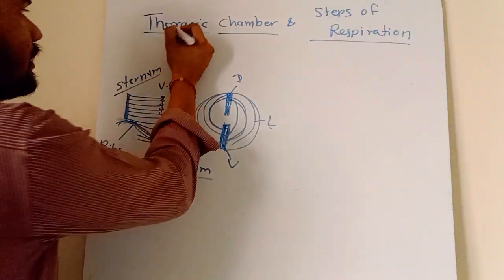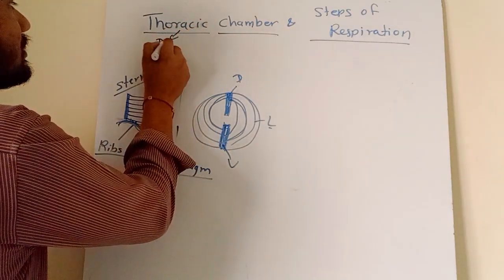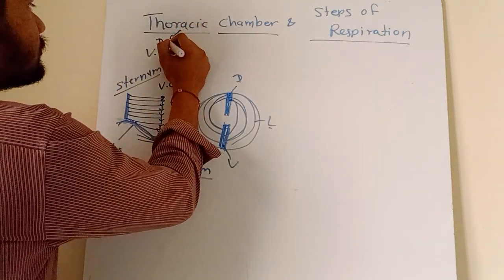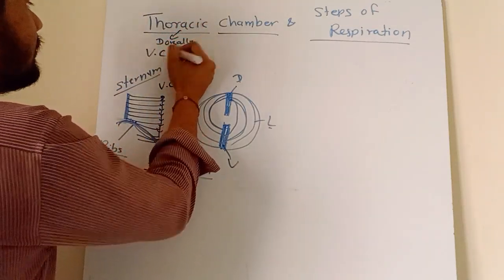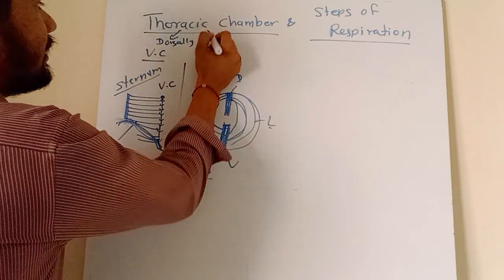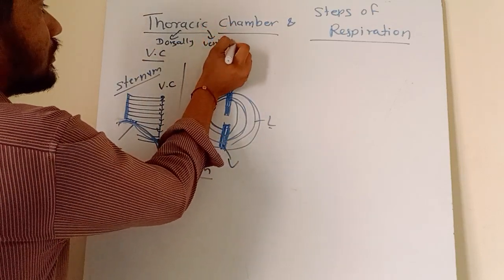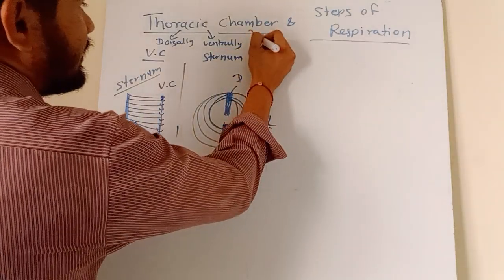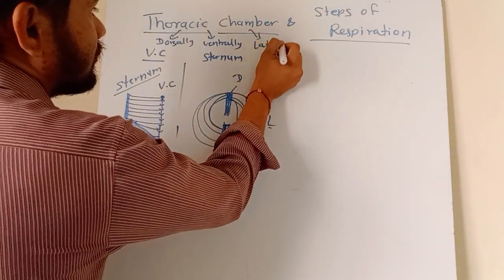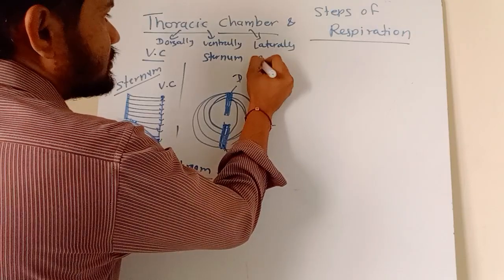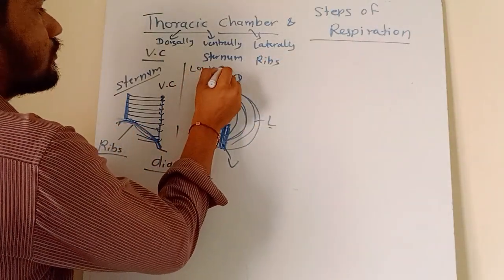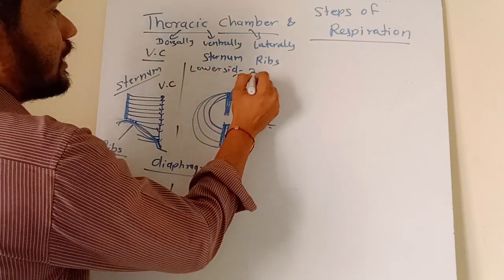Your thoracic chamber is made up of, dorsally, the vertebral column, ventrally the sternum, and laterally ribs are there, and from the lower side there is the diaphragm.